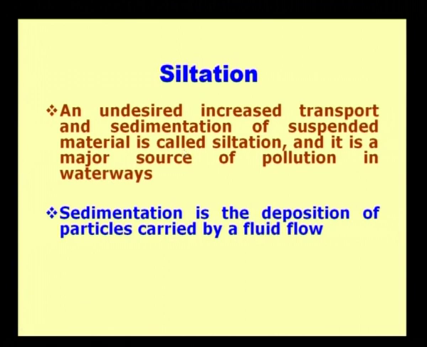And therefore, siltation is another problem in waterways, and particularly it is a problem for wetlands, because the wetland is in between the land and the aquatic ecosystem, and therefore, it is one of the major problems for the wetland ecosystem.